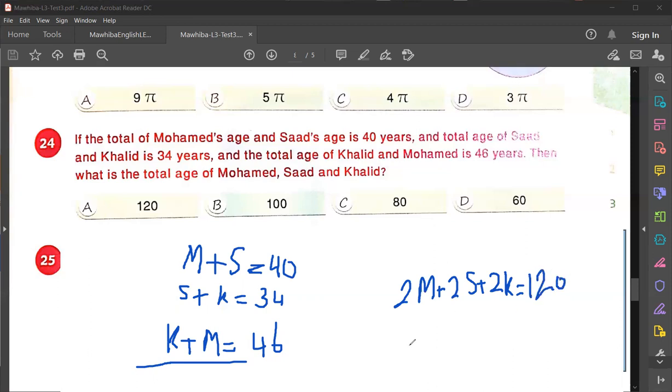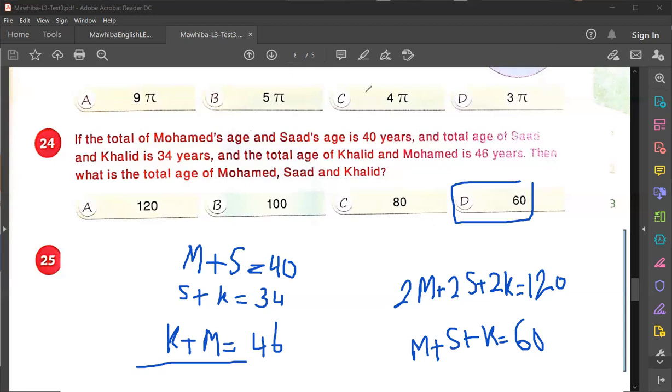Divided by 2, Muhammad plus Saeed plus Khalid equals 60. It is easy to find the answer. So the correct answer is number D.